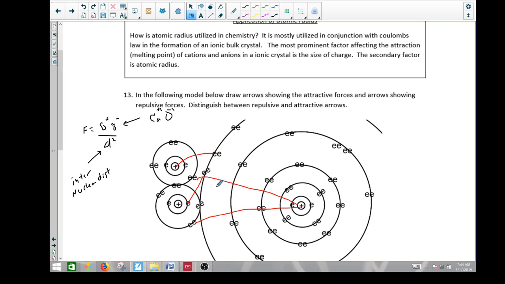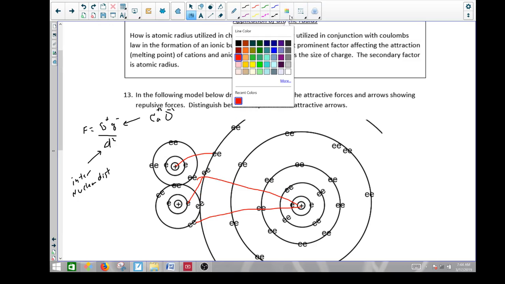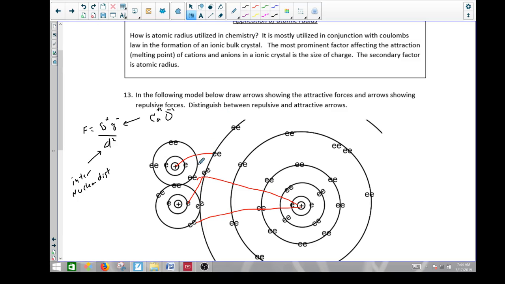Okay. Now let's go with the repulsive forces. We'll pick blue for this. This is going to repel here, and repel here. Like charges repel, maybe repel there, I don't know. All right.